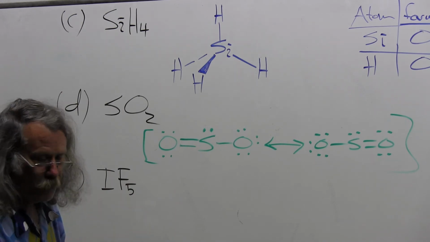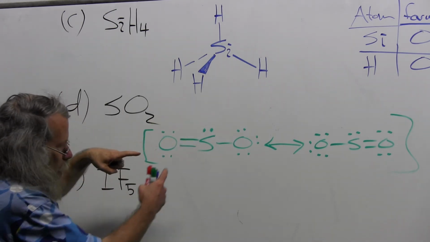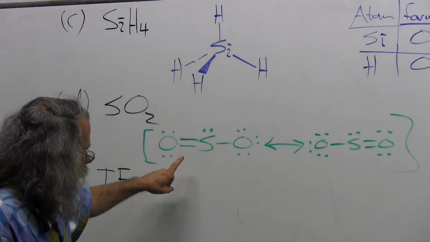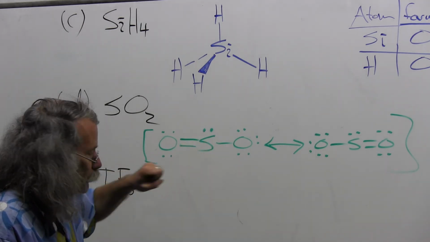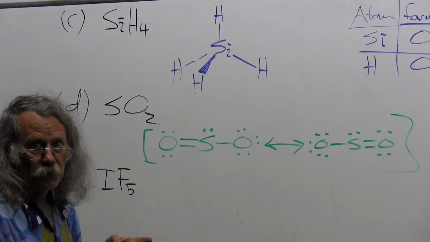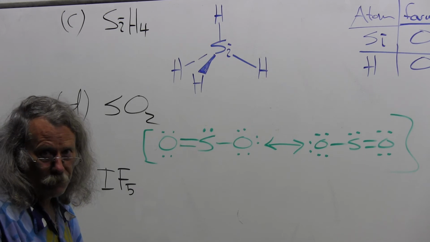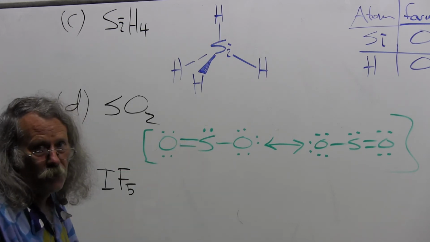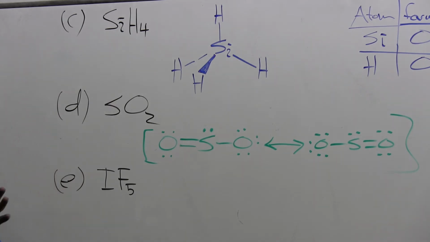Because geometrically speaking, they're localized in the region between the atoms, so it counts as one pair. So on the central atom I have 1, 2, 3 E pairs, which is going to demand trigonal planar E pair geometry. And I have a lone pair on the central atom. So the E pair geometry is not going to be the same as the molecular geometry.